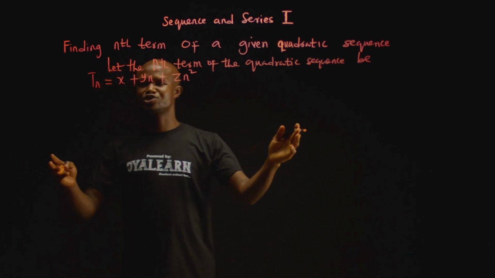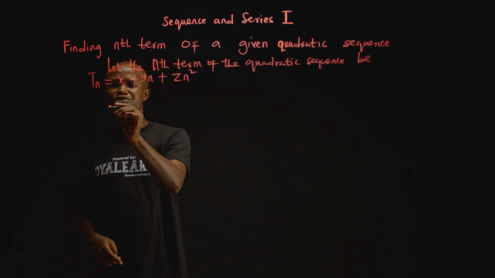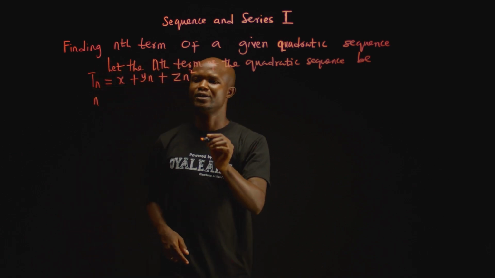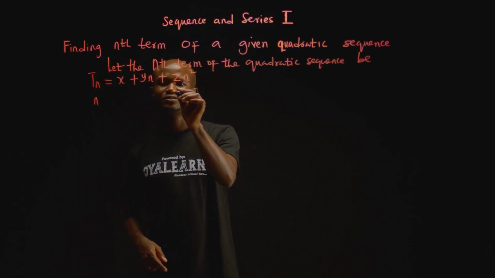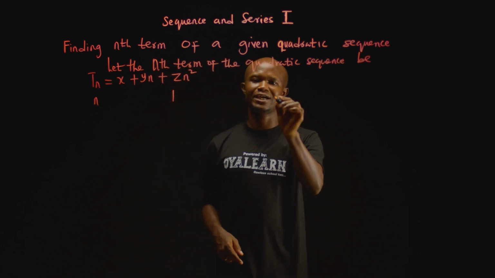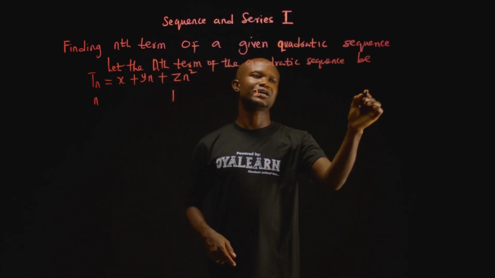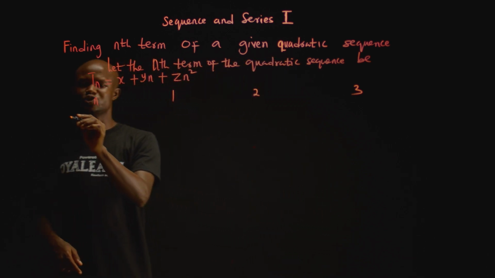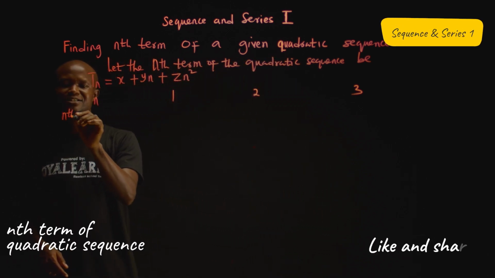Now we are going to have a structure, and the structure is this. We have n first. Now we have n equals 1, then n equals 2, and n equals 3. The next one we have here is the nth term.